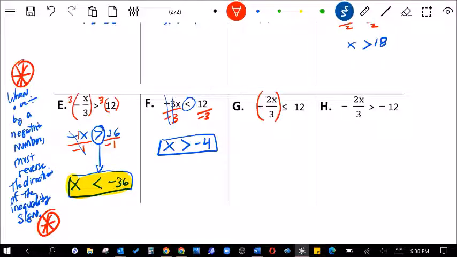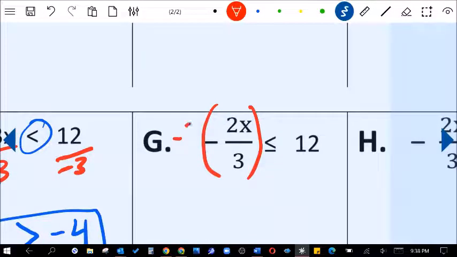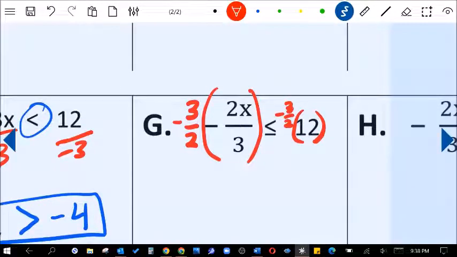So here, I'm going to multiply by a -3. Let me do -3. I'm going to make this so it's very clearly -3/2 here, and a -3/2 here. Okay. So on this one, the 3's cancel, 2's cancel, and the negatives cancel.